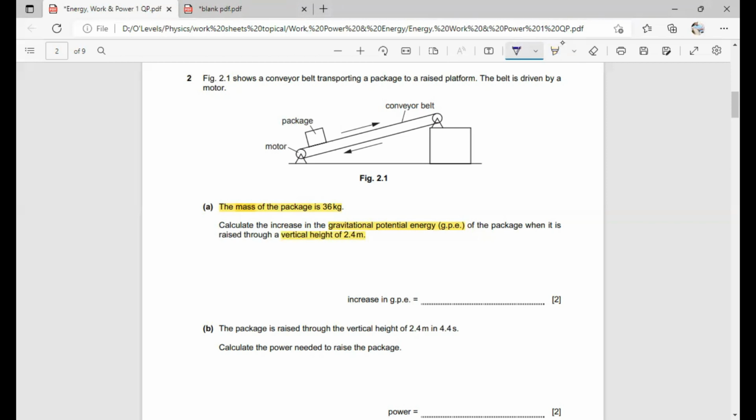The formula is gravitational potential energy, E P, equals m g h. We know m is 36, g is 10, and height is 2.4. So the value is 864 joules.